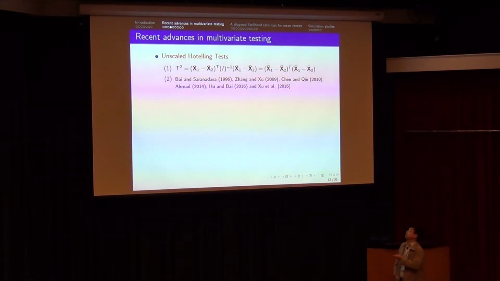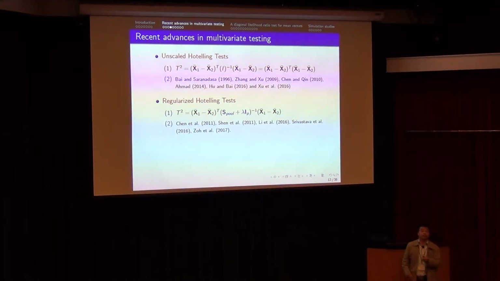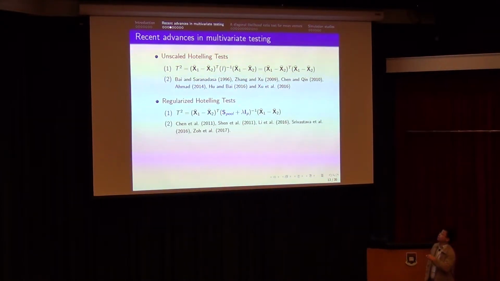But there's another approach. We can have situations where p goes to infinity and n goes to infinity, and in that situation people try to find a way to estimate the covariance matrix. We can try ridge type or shrinkage type estimators to get the whole information back and make it invertible.